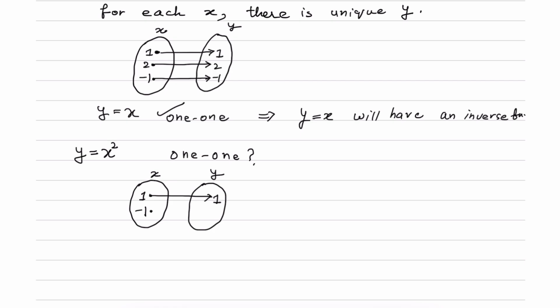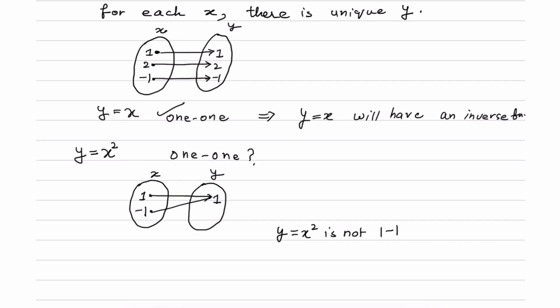When we plug -1 in x square, -1 whole square is 1, so we get 1 again. So we can see that this function is not 1, 1 because two different x's are giving the same y value.